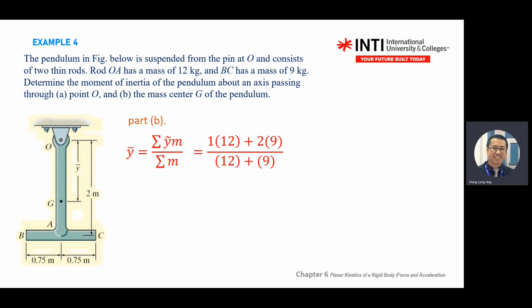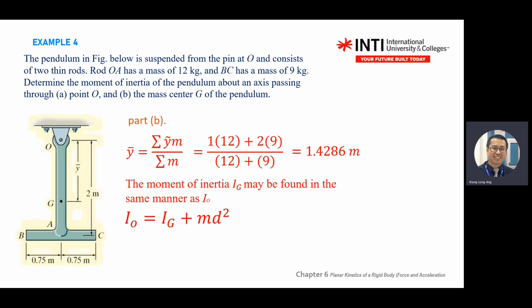For BC, mass is 9, and this Y referring to here is 2, divided by total mass. If you don't understand this one, go back and find your statics lecturer.